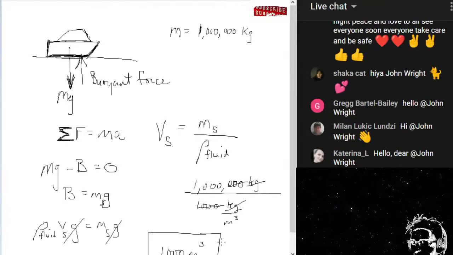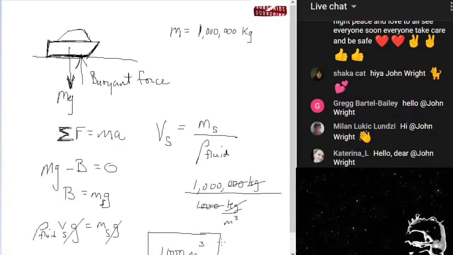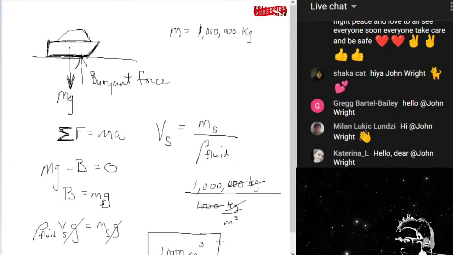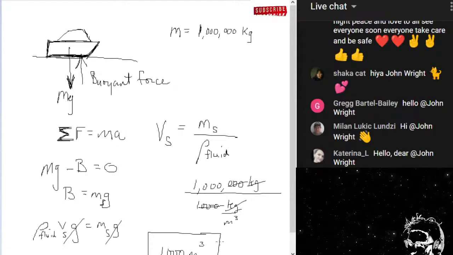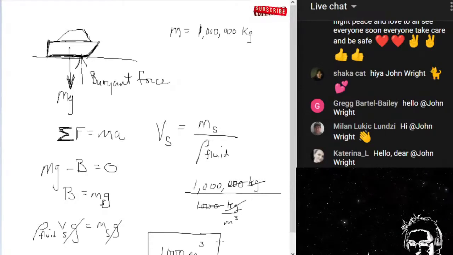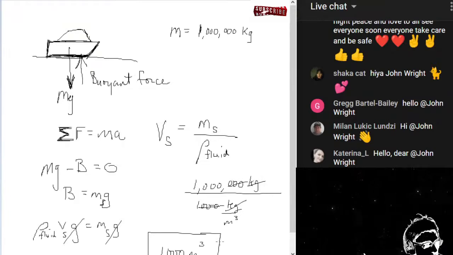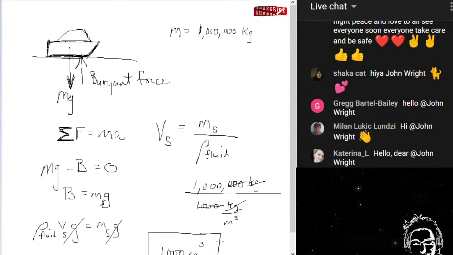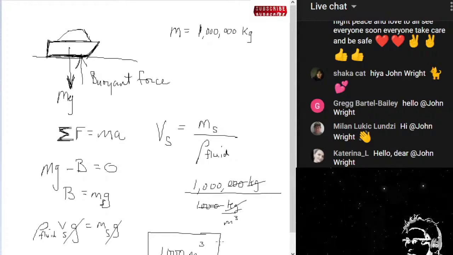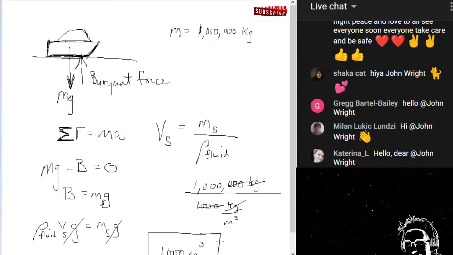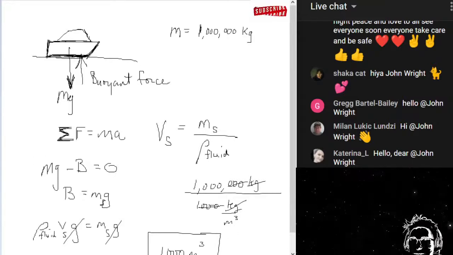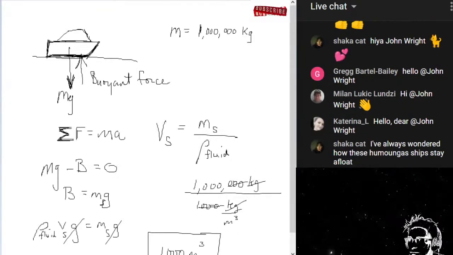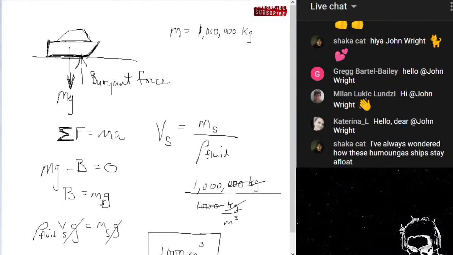That's that. So now you know why things float. Because when they're submerged in liquid, the liquid pushes up on the object. Pushes in all directions actually, but it fights against gravity. Any questions about this? That's how they do it.